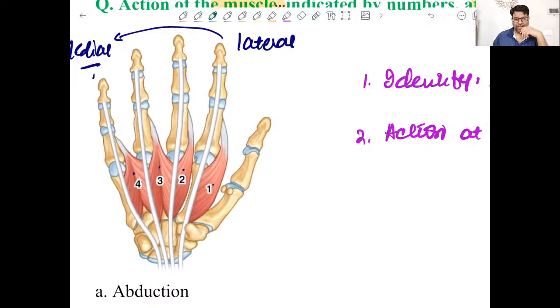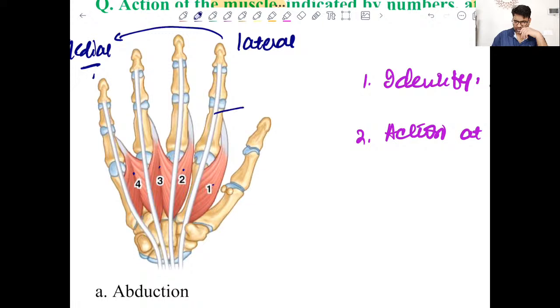I have just given you a hint. There are 4 muscles and we are counting from lateral to medial. Let me see if anyone can identify the muscles. Else I will give you further hints that will make your work easier. Okay, now look here.